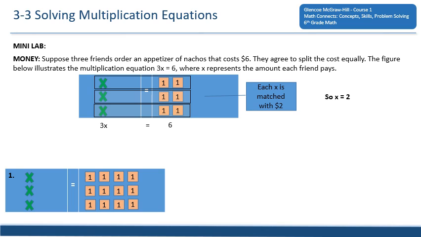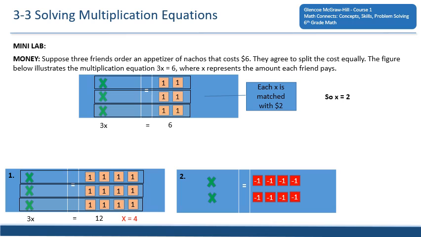So here we have 3x equals 12. So what if I just split these up into equal 1x for an equal amount of 1's, right? So I get x equals 4 because I divided 3x by 3 and I've divided 12 by 3. How about 2x equals negative 8?